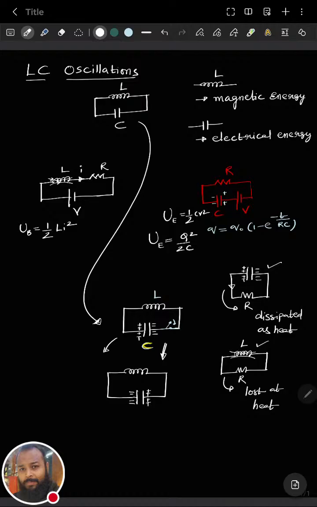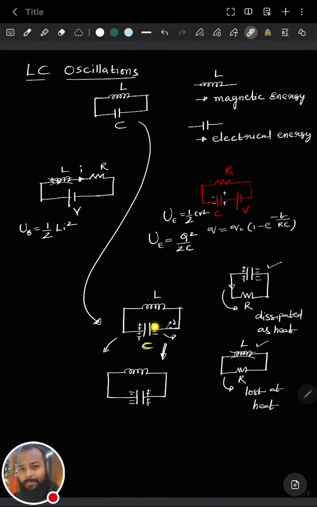You understand that? Right. So here again this was electrical energy before. Now when it was discharging, some part is converted into magnetic energy. Here this is electrical energy. When it is discharging like this, some part is converted into magnetic energy, and again when it is charging. So this is the concept of charging and discharging. What is happening here is the positive charge on the capacitor is combining like this here.